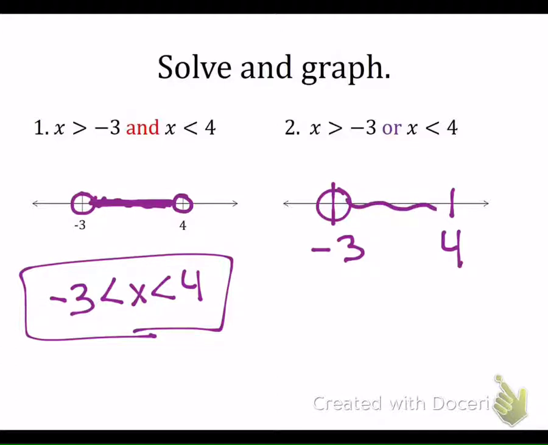To the right. Now, does it have to make both of them true or just one of them true? Just one, because it's an or. So this graph actually still goes all the way down there too. And where are numbers less than 4? To the left. So this is actually going to be the whole number line. That's weird. I know. So you would just shade in the number line.